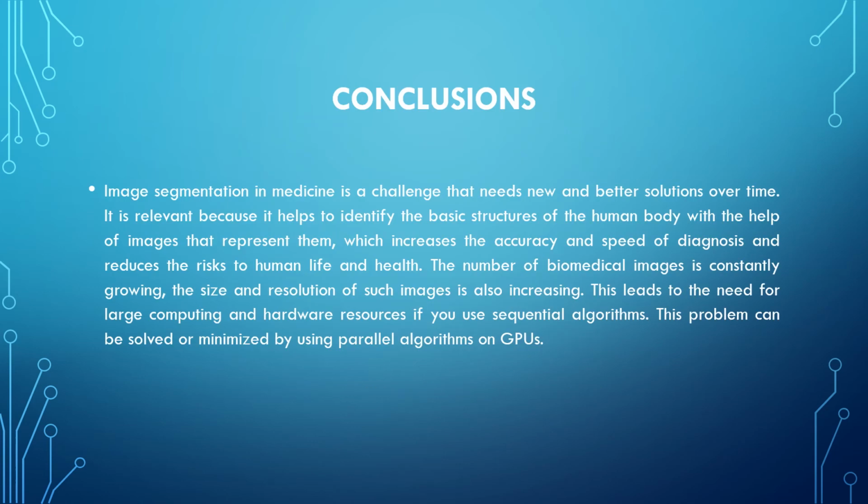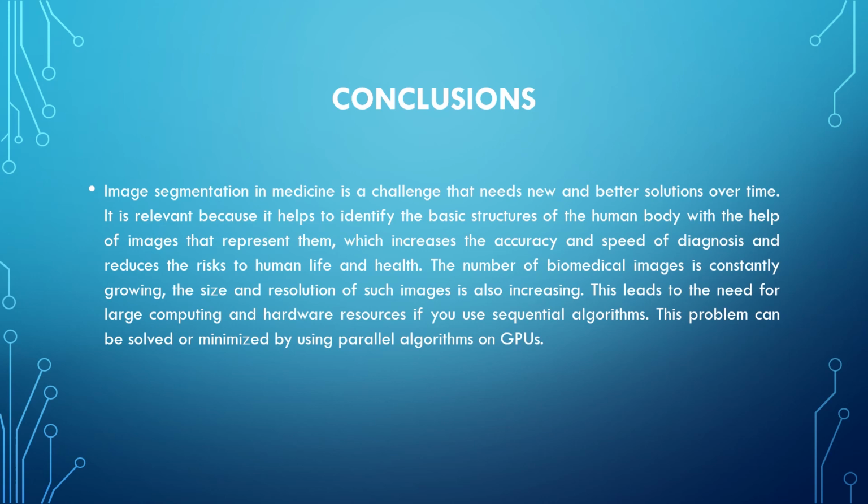Image segmentation in medicine is a challenge that needs new and better solutions over time. It's relevant because it helps to identify the basic structure of the human body with the help of images that represent them, which increases the accuracy and speed of diagnosis and reduces the risk to human life and health.